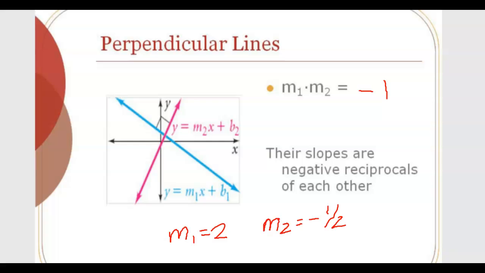So for example, if the slope of a line was 1/2, then its opposite reciprocal would be -2. If the slope of the line was 2, its opposite reciprocal would be -1/2.